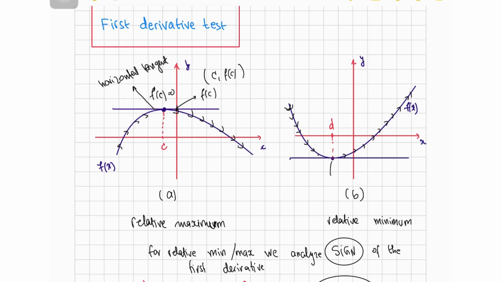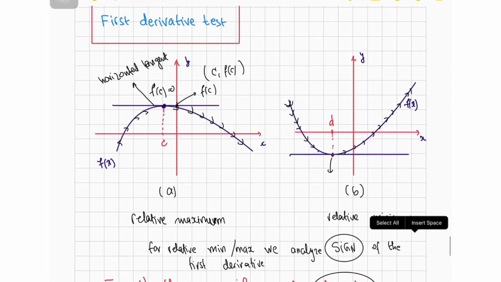And here the function is decreasing up to the point where there is again a horizontal tangent. And then from there it changes.